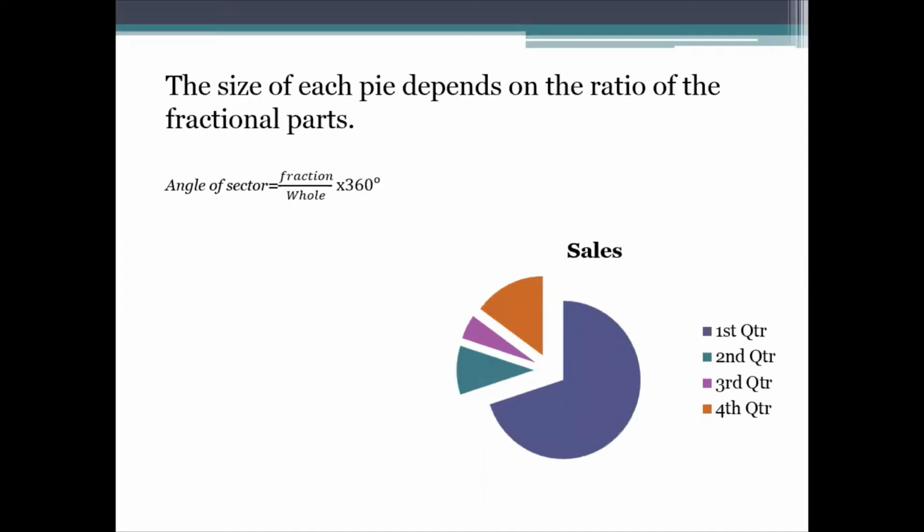To find the size of each sector, the formula is: angle of a sector is equal to the fraction divided by the whole times 360 degrees. We multiply by 360 degrees because the whole rotation of the circle is equivalent to 360 degrees. Again, the angle of a sector is equal to the fraction divided by the whole times 360 degrees.